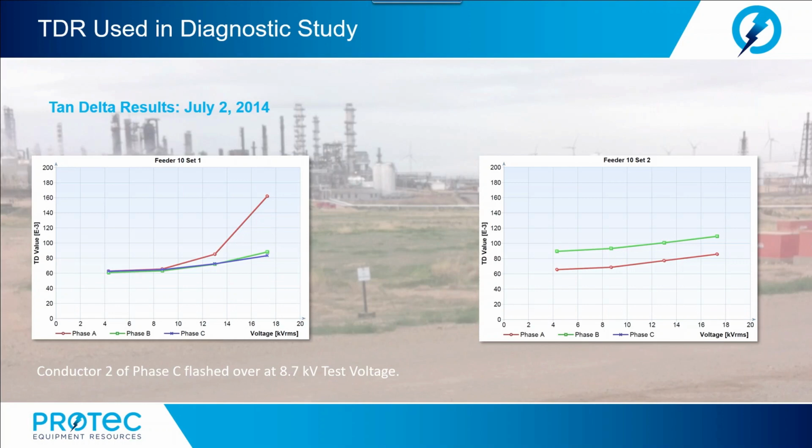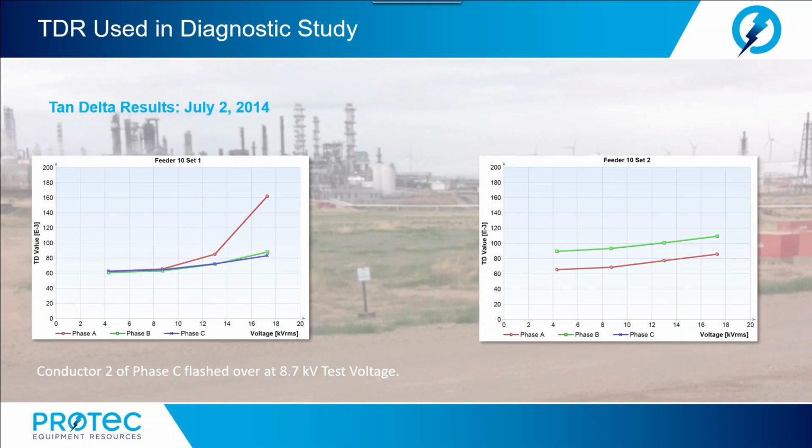So we were basically doing a condition of the insulation and a withstand strength of the insulation. Now here, the cable was made up of 2 conductors per phase in order to handle the ampacity of the circuit. Conductor number 2 of the C phase flashed over and faulted when the voltage reached 8.7 kV.